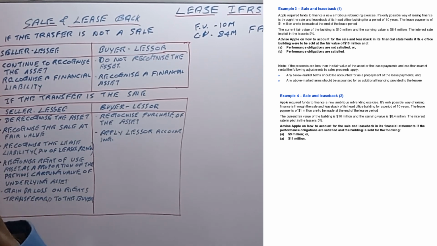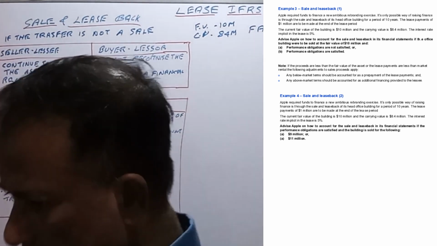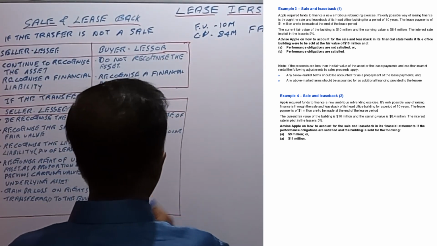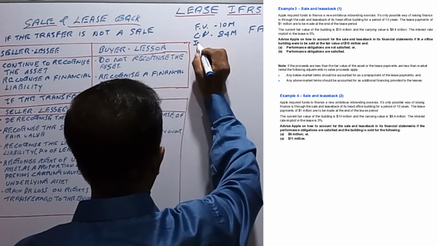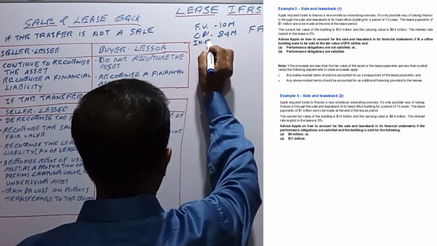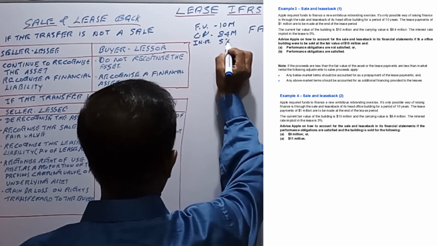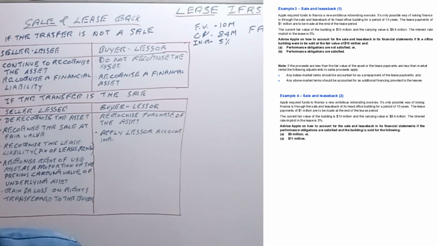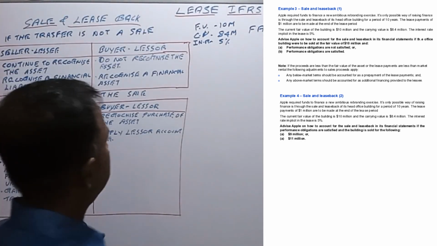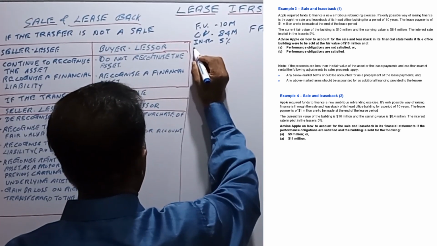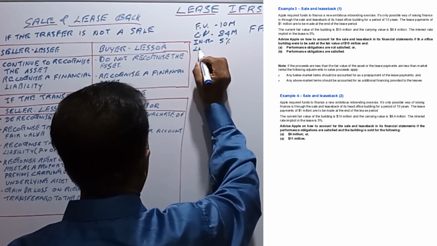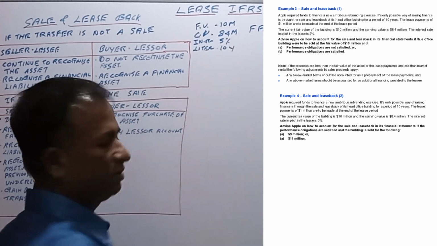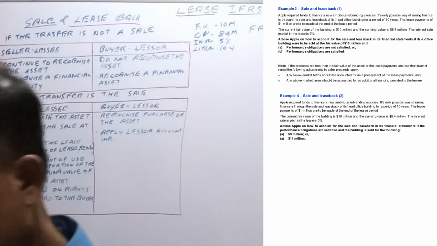The interest rate implicit in the lease is 5%. The lease term is 10 years.